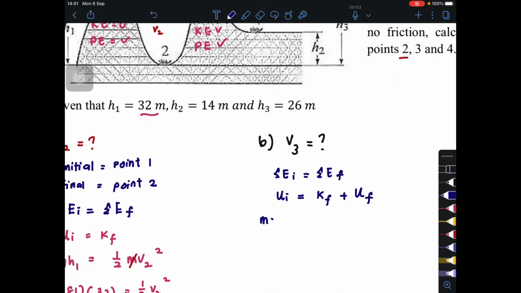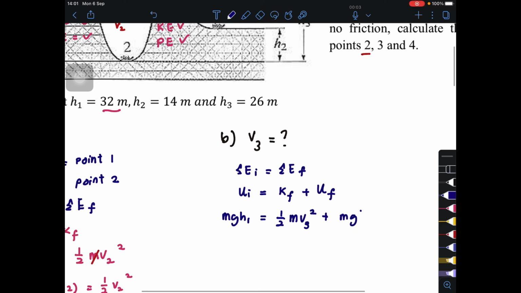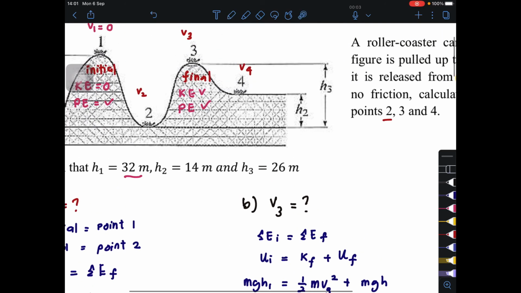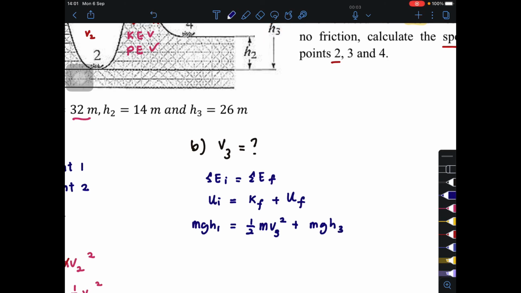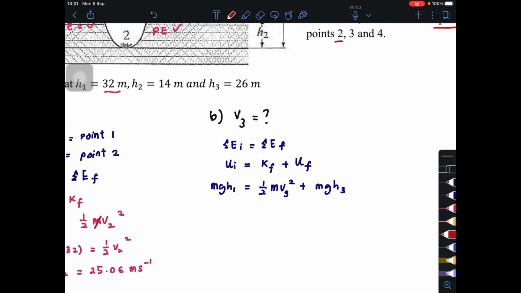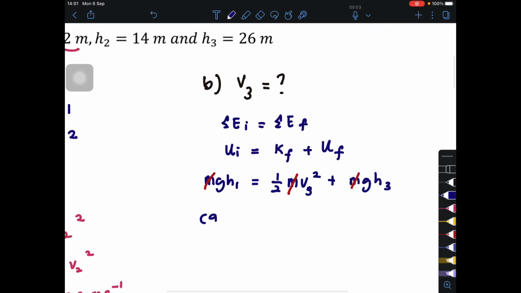And then just substitute mgh1 equals half mv3 square plus mgh. What is the value for h here? This is h3. Okay, so mass, we can cancel them and then substitute the others.